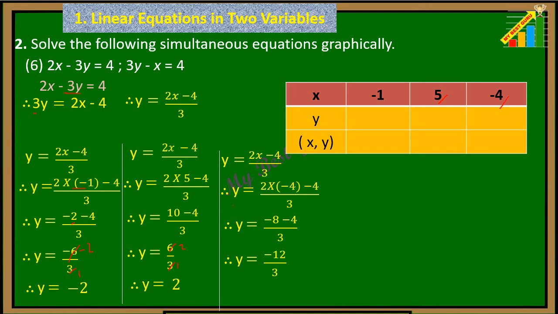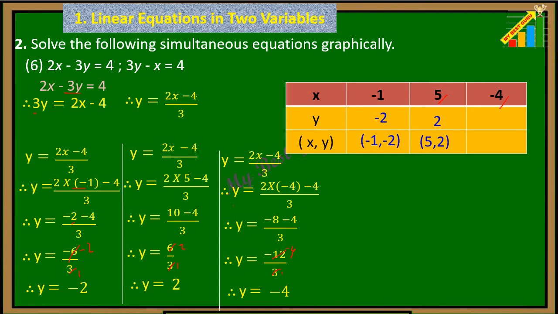So y equal to minus 8 minus 4. Minus 8 minus 4 is minus 12. So plus minus minus plus, sign of greater number minus, divided by 3. Now divide this, 3 ones are 3 and 3 fours are 12. Plus minus minus. So you get the value of y is equal to minus 4.